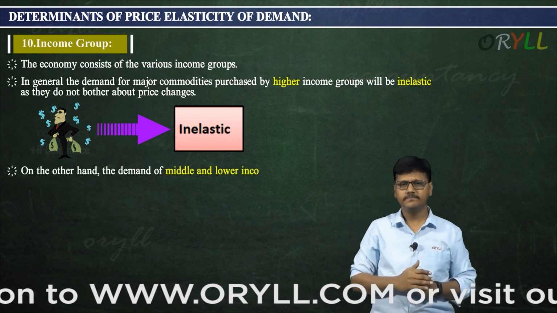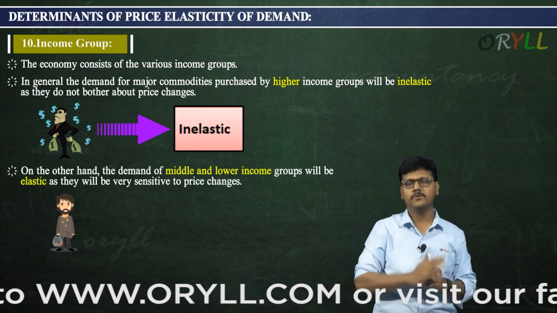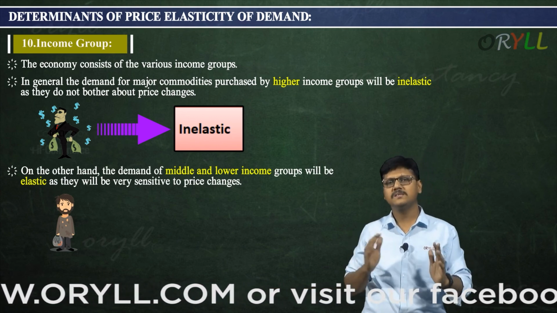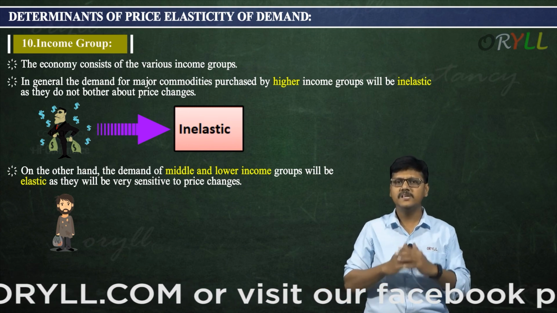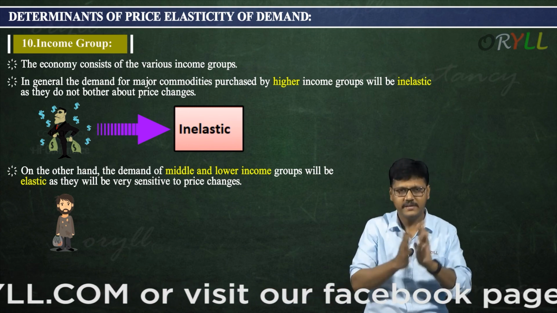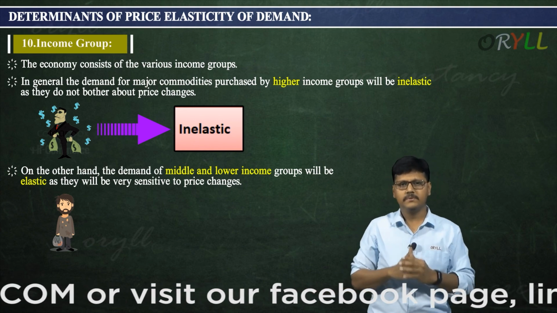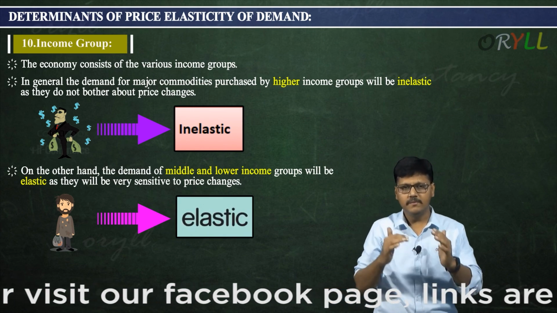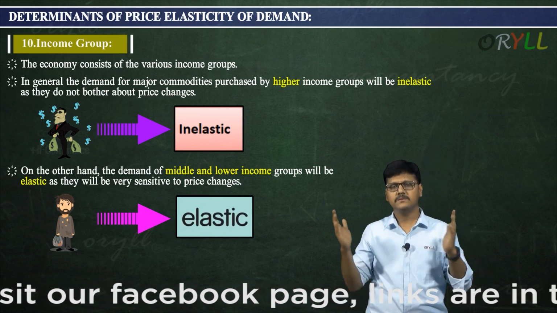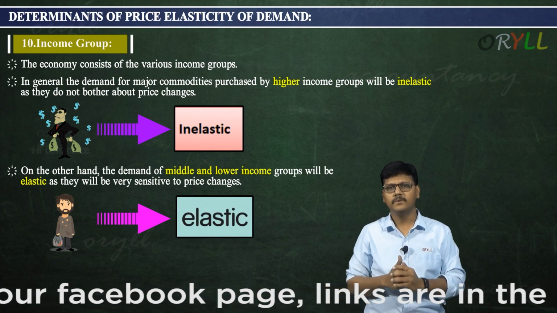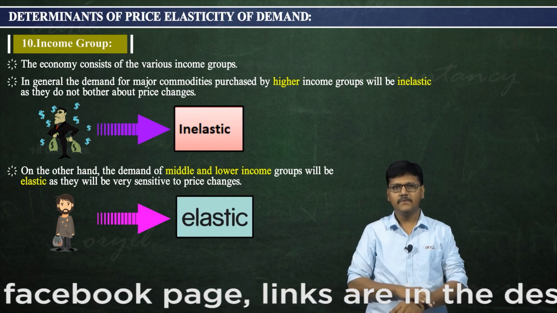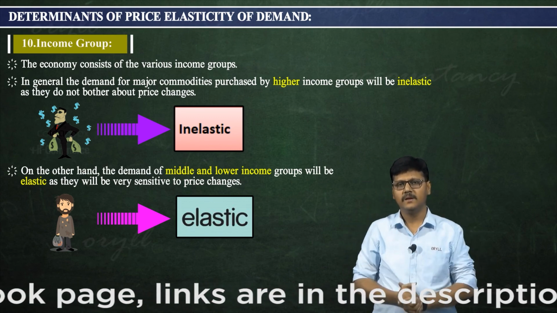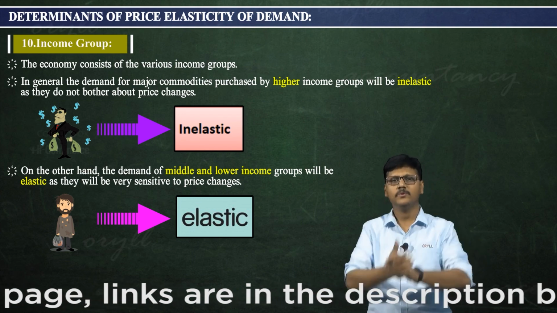So that's why the demand for higher income group people is inelastic. And on the other hand, the demand of middle and lower income group people. These are the people most vulnerable to changes in the prices. When there are changes in the prices, these two sections will get affected a lot. So for this section of people, the demand is elastic, because they will be very sensitive to price changes. For example, in DMart, if it announces a 50% price decrease for dal, immediately so many people will move to DMart.